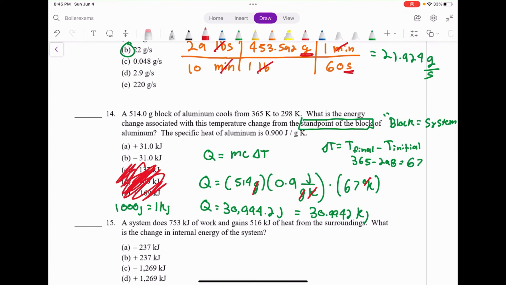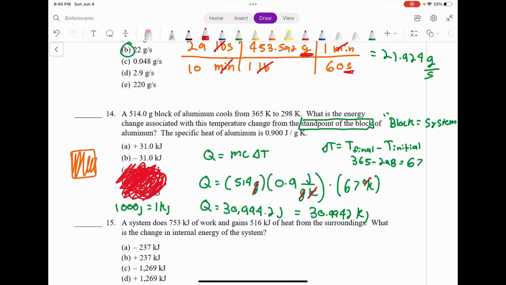Okay, so it's not any of these. We need to figure out, is it positive or is it negative? What is the energy change? We have our block of aluminum. What is the energy change associated with it from the standpoint of the block? So the block is our system. Is it gaining energy or is it losing energy? It's cooling down. The temperature is decreasing.